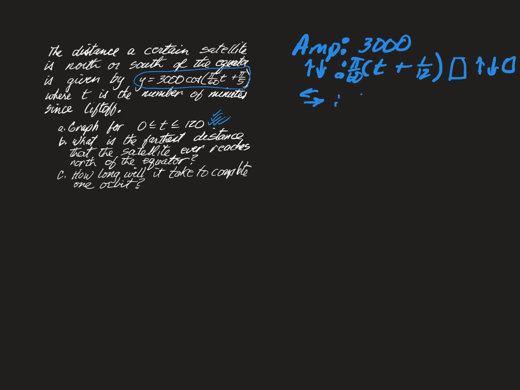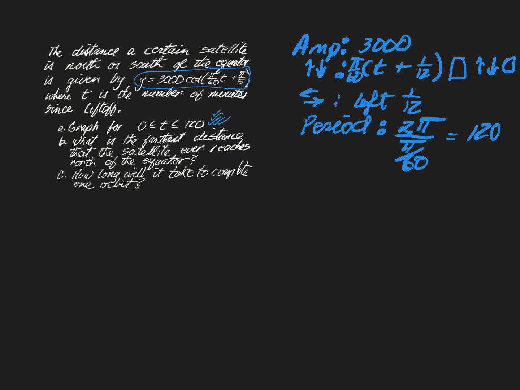We're going to go to the left 1/12. All right. And then our period is 2 pi divided by pi over 60, which is equal to 120.